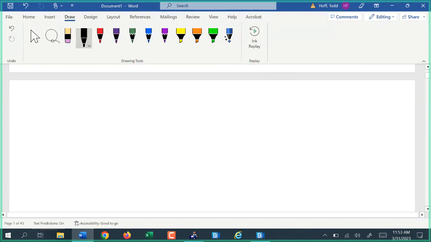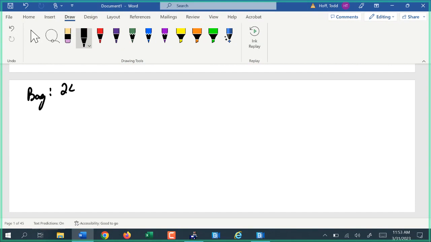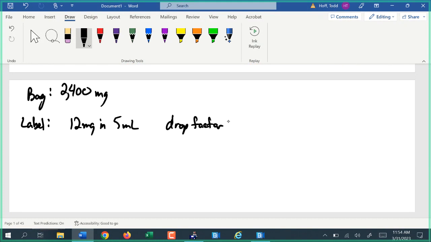So with that said, let's do another example here. The example I'm going to throw out here is we have a bag that says it contains 2,400 milligrams of medication again. And the label on that bag says it contains 12 milligrams in 5 milliliters. And the drop factor is 8 drops per milliliter.